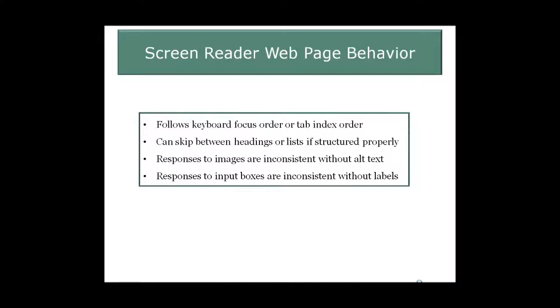Responses to images are inconsistent without alternative text. A screen reader may read the file name, which can be very different from the image itself, or it may read nothing at all. And responses to input boxes are inconsistent if there are no labels.